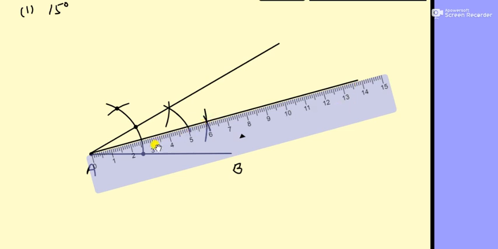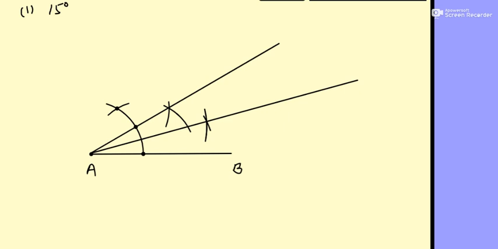Yes, and this angle is how much? Remove this scale, so that one is 60 degrees, and that one is 30 degrees, and that one is 15 degrees, so that angle is 15 degrees. So you have to write this angle is 15 degrees. But how can we say it is 15 degrees?